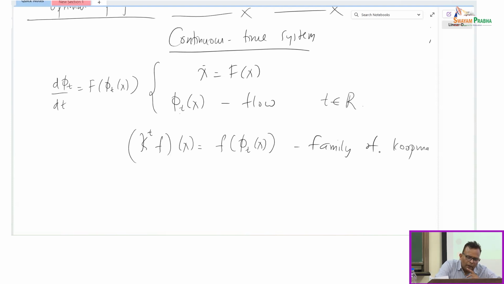So another way to write this will be, so what is f of x?